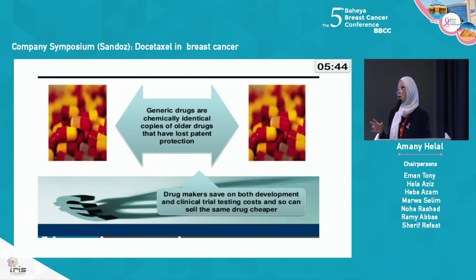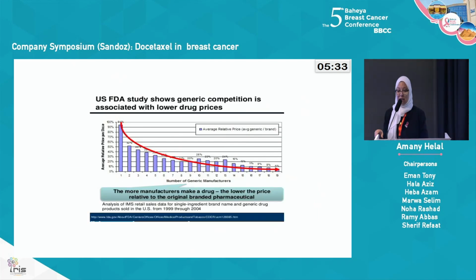Of course, these generics cost less for the company and cost less for the patients. A very known method to guard against the high expenses, and this FDA study showed that generic competition is associated with lower drug prices.